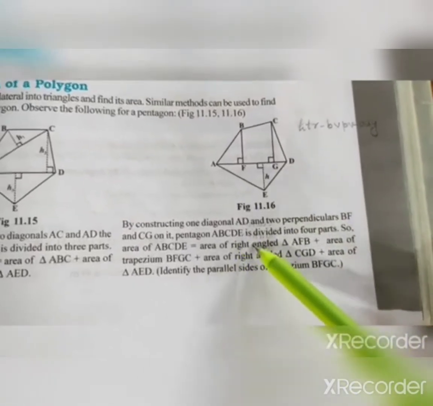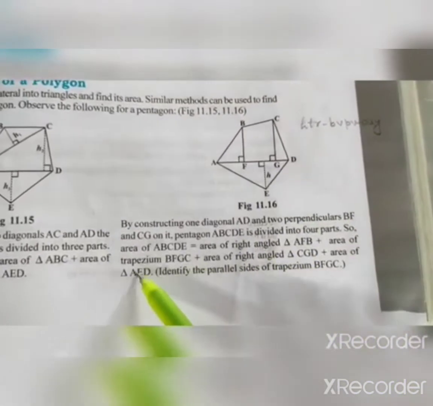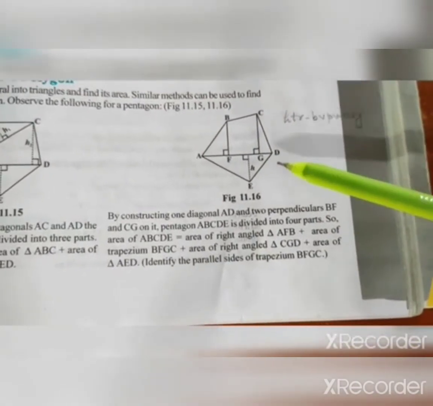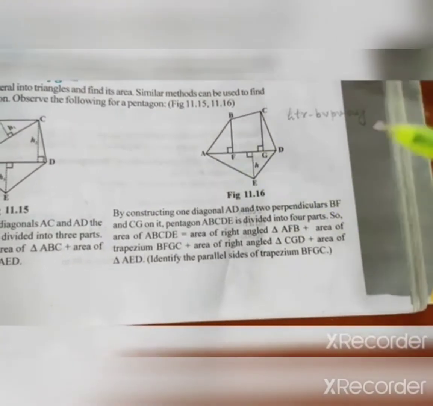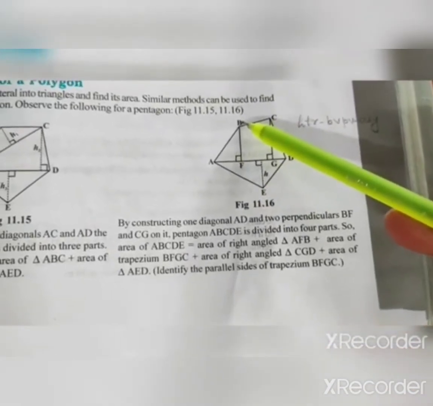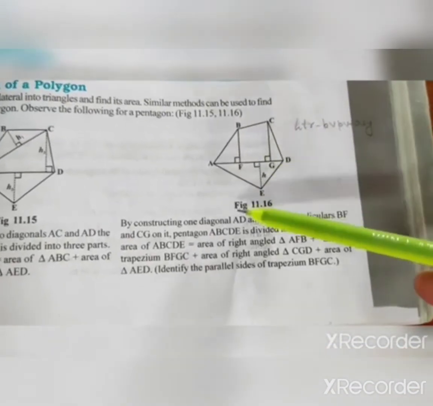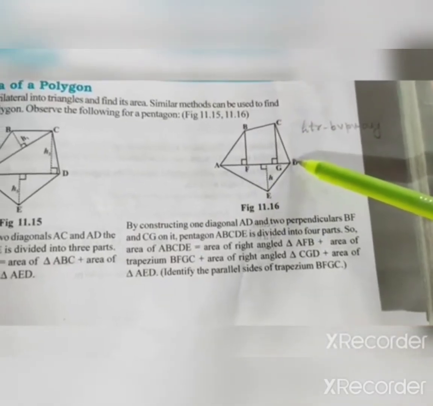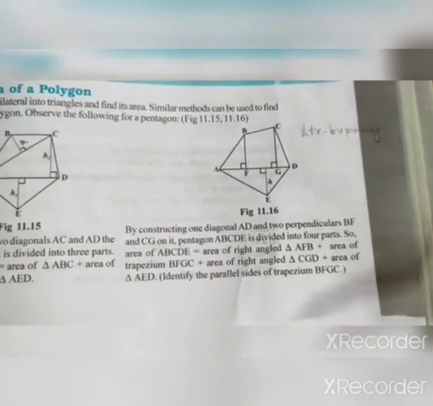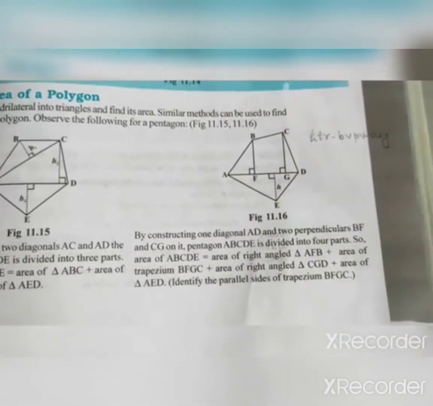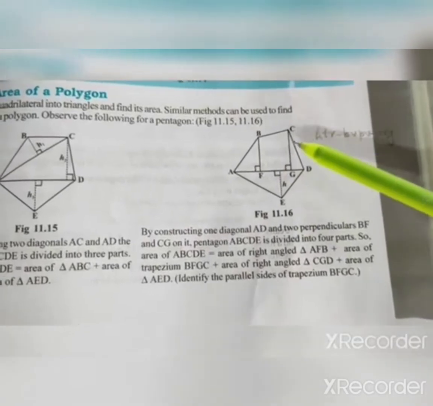The pentagon ABCDE is now divided into four parts. So the area of ABCDE is the area of right angled triangle AFB, area of triangle AED, area of a trapezium BCGF, and area of right triangle CGD.